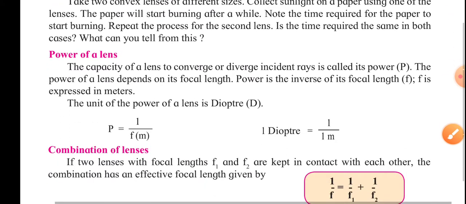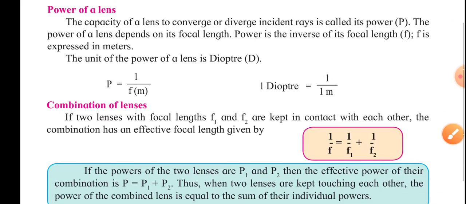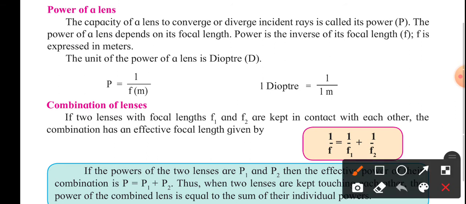Further, the next thing we have to study is the power of a lens. Power of a lens is nothing but how well the particular lens can magnify things. The capacity of a lens to converge or diverge an incident ray is called its power.